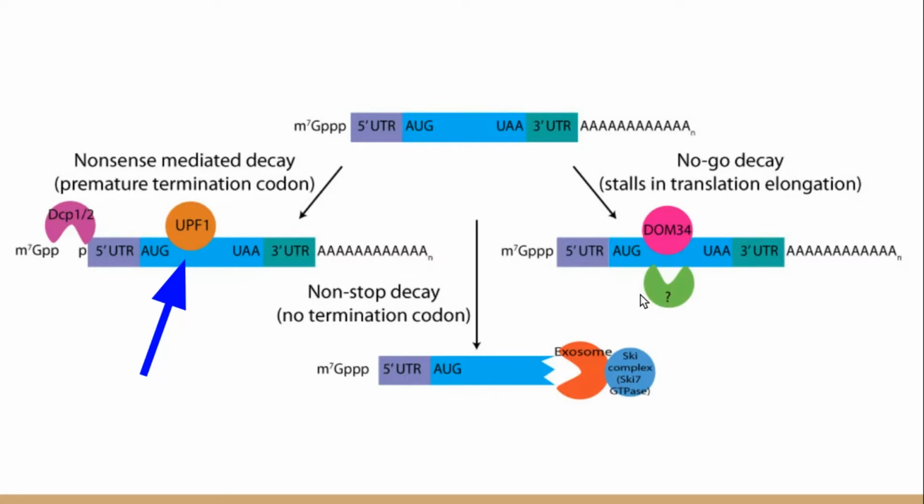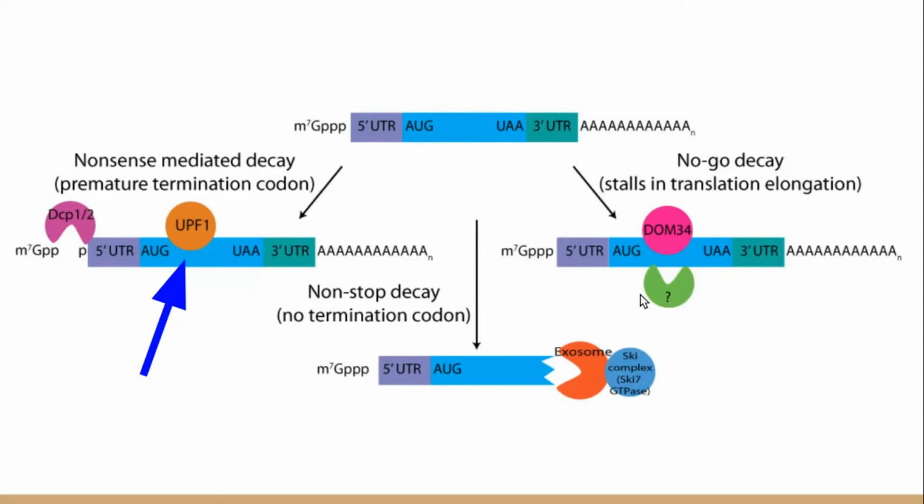But these UPF proteins recognize translational termination that occurs before all exon junction proteins have been displaced. So it's pretty ingenious. What these UPF proteins are doing is looking for ribosomes that terminate without displacing all of the exon binding proteins, indicating a transcript that has only been half translated, presumably because there's an internal stop codon.